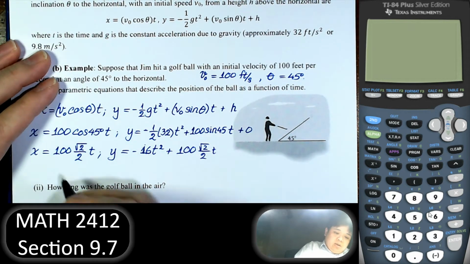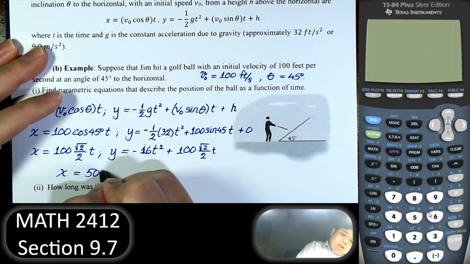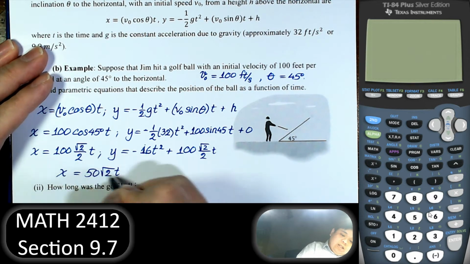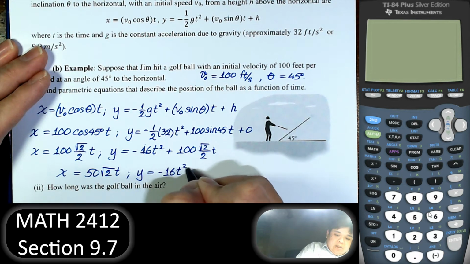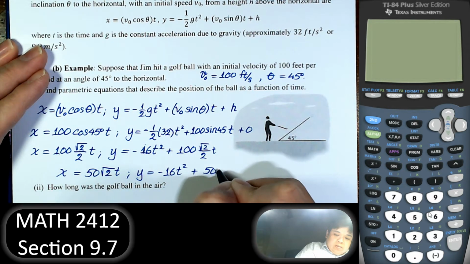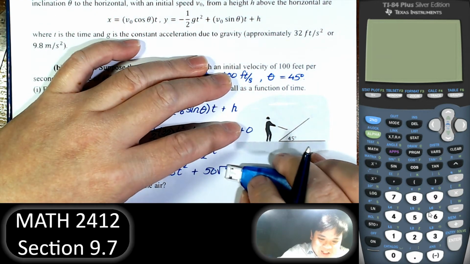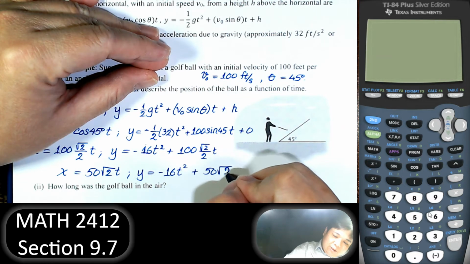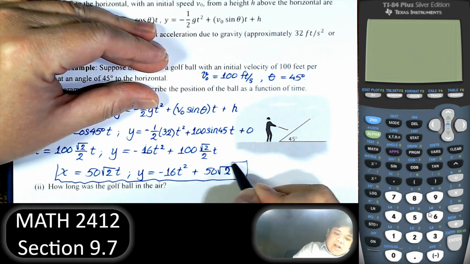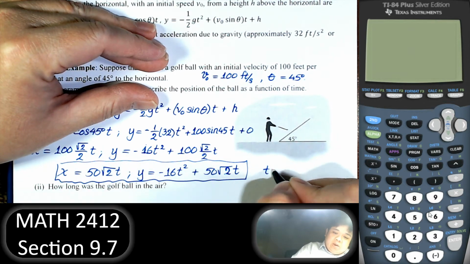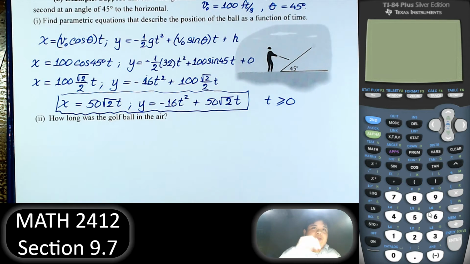Simplify this, and we have x equal to 50 square root of 2 t, y equal to negative 16 t square plus 50 square root of 2 t. And all we know is that t is going to be positive because time cannot be negative. Right, so that's what we have.